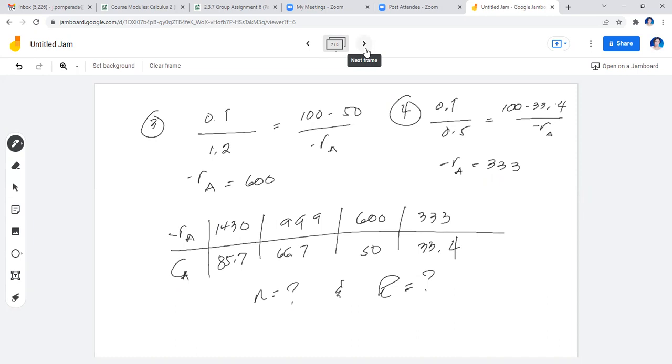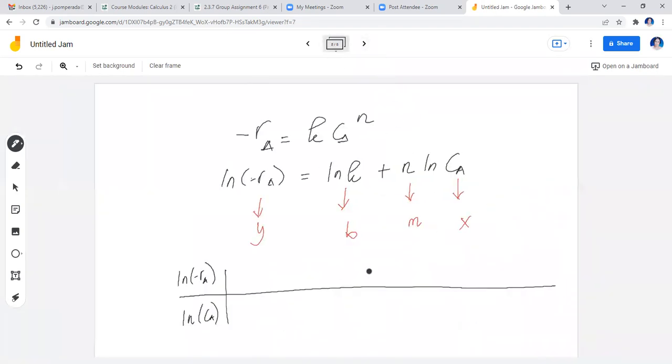Place it there in the chat box. Whose name have I called? Jericho. Can you get the ln values and place them on the chat box so I can place them in the new table here?